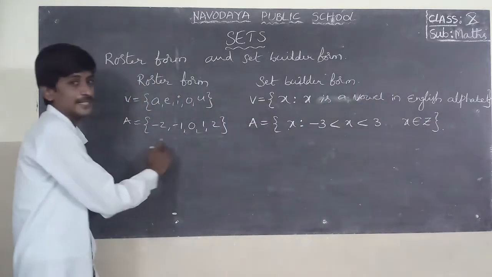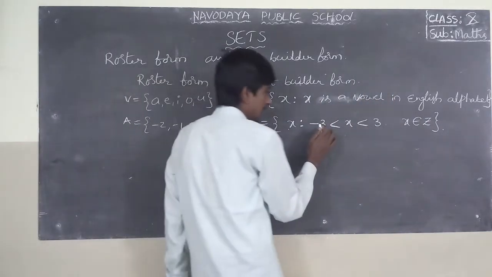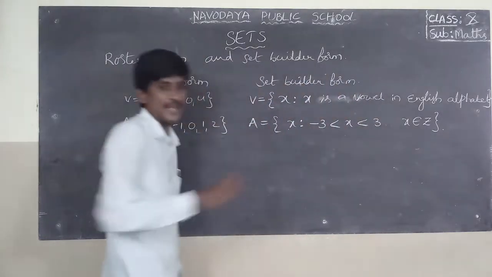These are the integers in between -3 and 3.